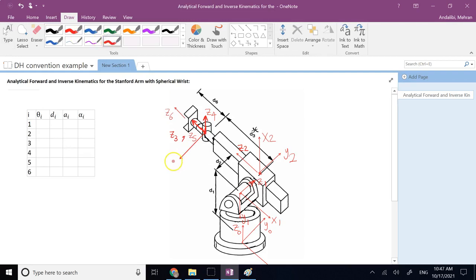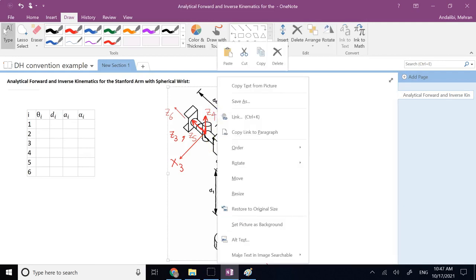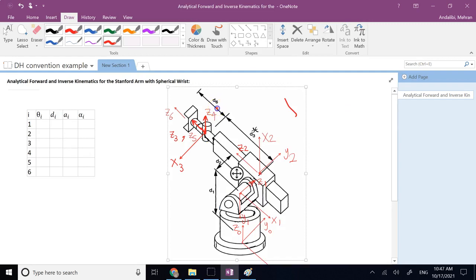Why? Because I'll show you here. Let me select this to be X3, right? Z3 is that, and then Y has to be definitely upward or downward. In this case, it has to be upward, so it is going to be similar to Z4. So let me write it down for you here. This Z4 is also Y3.